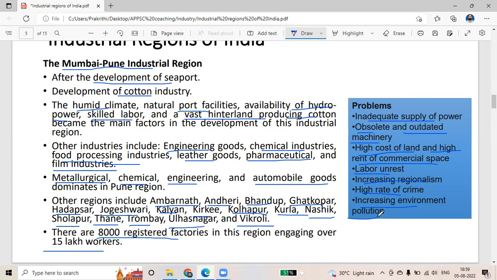Contaminated waste from the industry will contaminate the water, drinking water, the river water. So there is a lot of problem. As the population increases, their waste, so waste disposal becomes a problem, so that will also pollute. So there are multiple things right now retarding the growth of this Mumbai-Pune region.